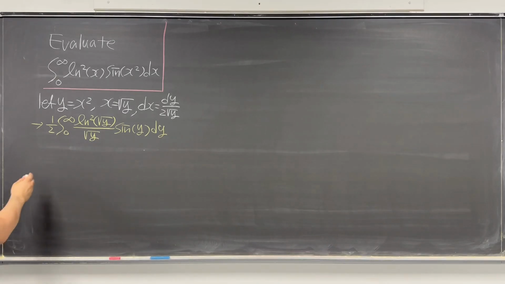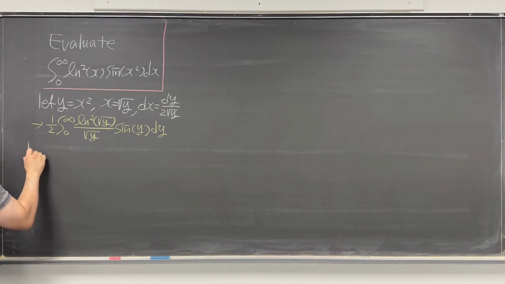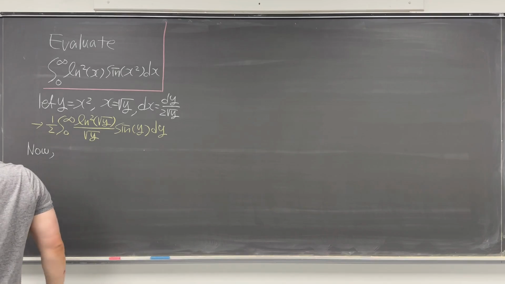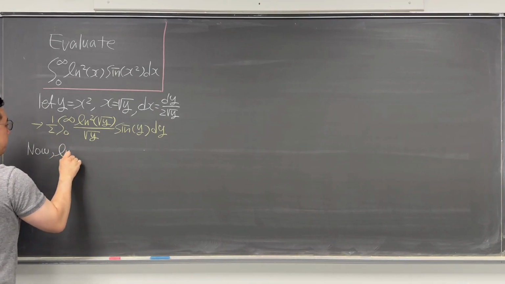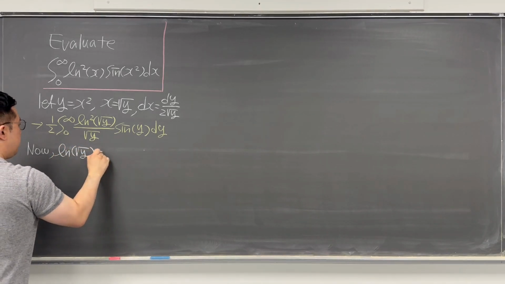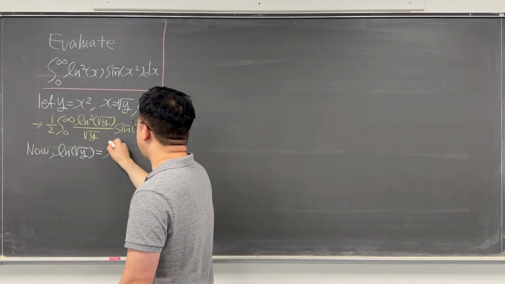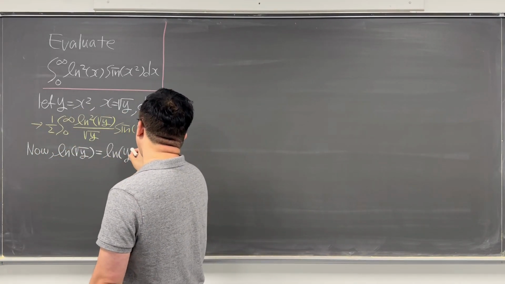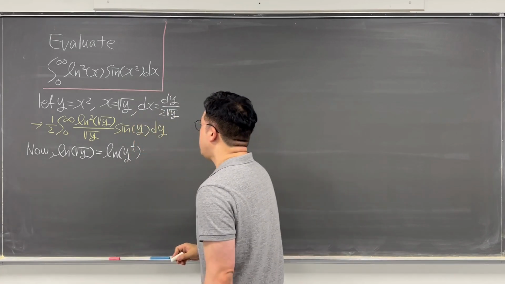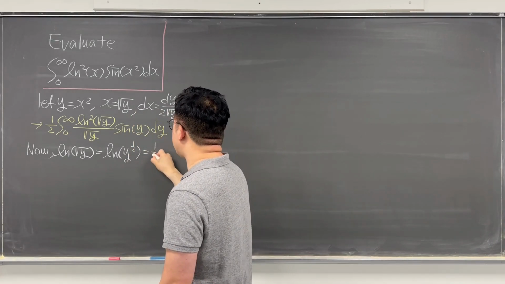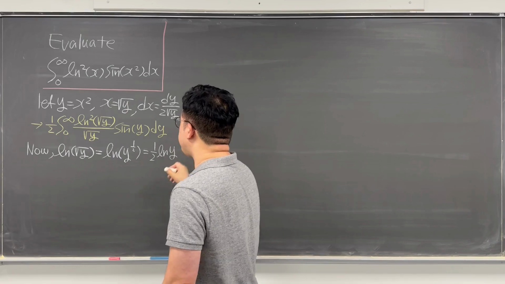Okay, now let's talk about this ln of the square root of y, right? This has to be the same as ln of y to the power of 1/2. That is the same as 1 over 2 ln y.